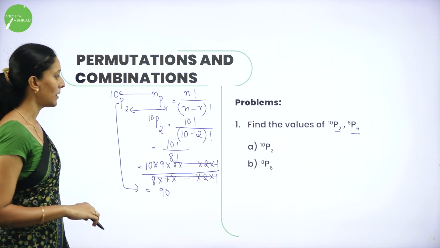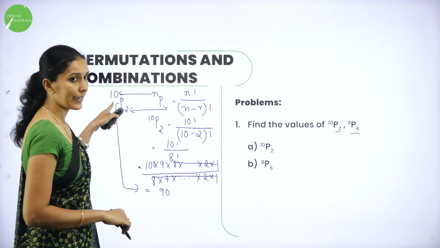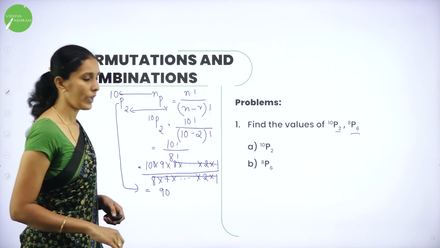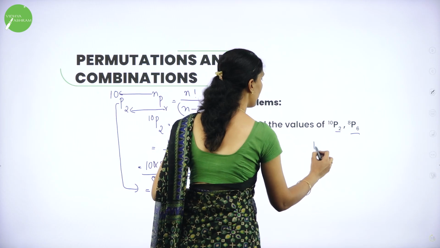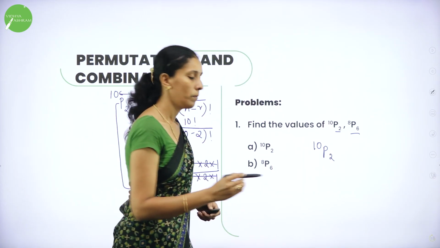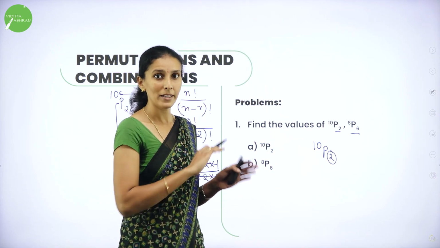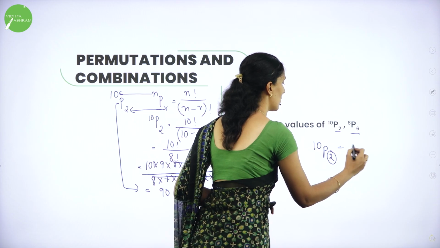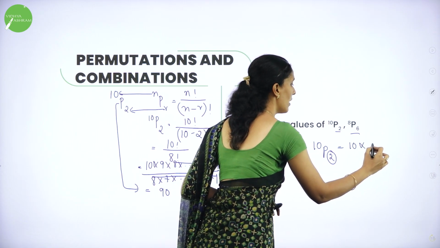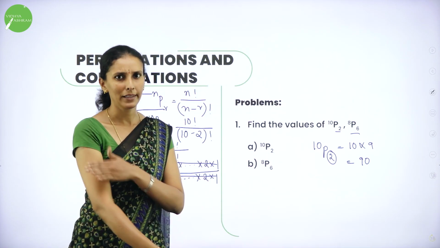One simple concept for this: you have to arrange 10P2. The 2 represents writing only 2 numbers from 10, that is 10 into 9, which is 90. This is a simple thing you can use.